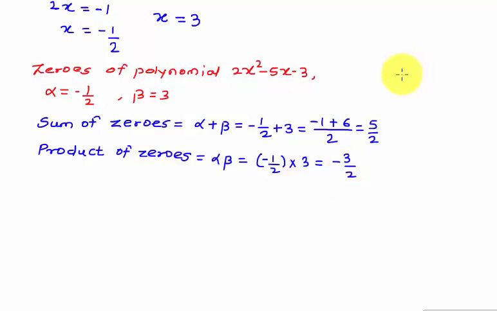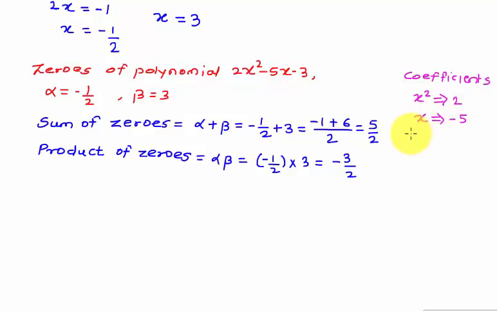Now let's write down the coefficient of the polynomial as well. So coefficients of the polynomial are, for x square, the coefficient is 2. For x, the coefficient is minus 5. We have to consider the sign of the coefficient as well.